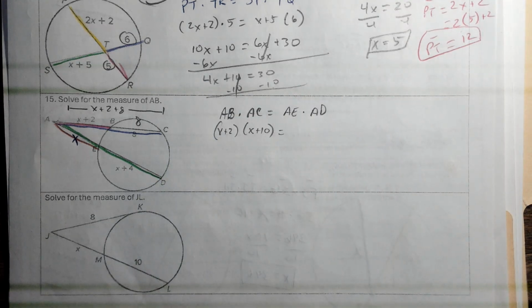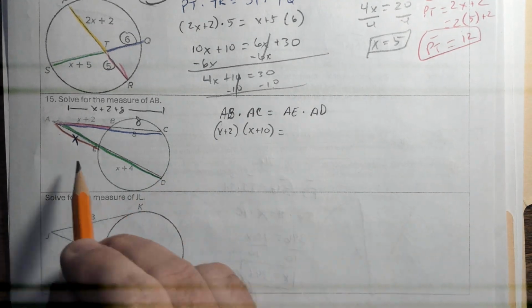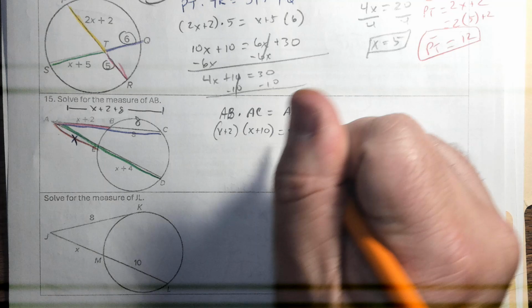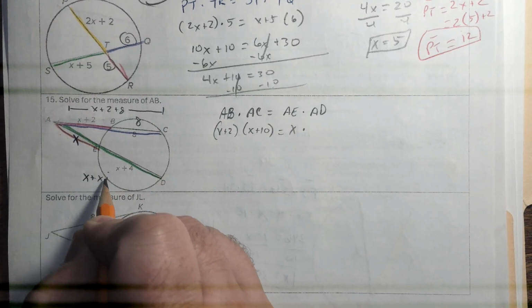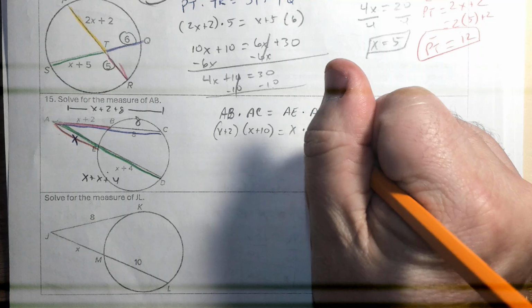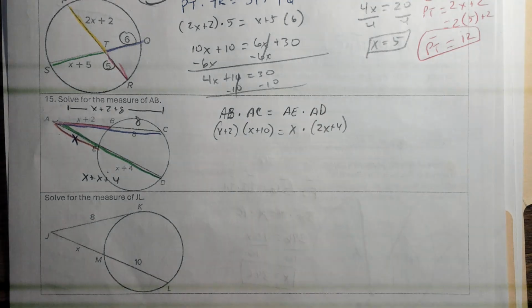Don't ask me, I don't make the rules. So AE is x times AD, so this is x times 2x plus 4. Make sure. Which one am I on? X plus 10 and x times 2x plus 4. Okay, yeah, I'm right.